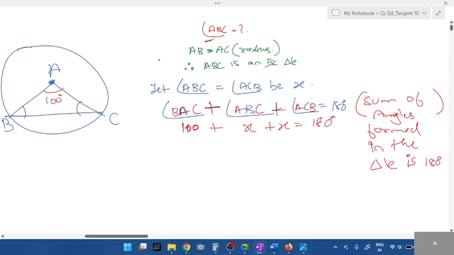I don't know whether you'll remember or not. In 6th and 7th, you had questions. It was very basic, students. They used to give x plus y is equal to 180. This was your basic algebra question in 6th standard.